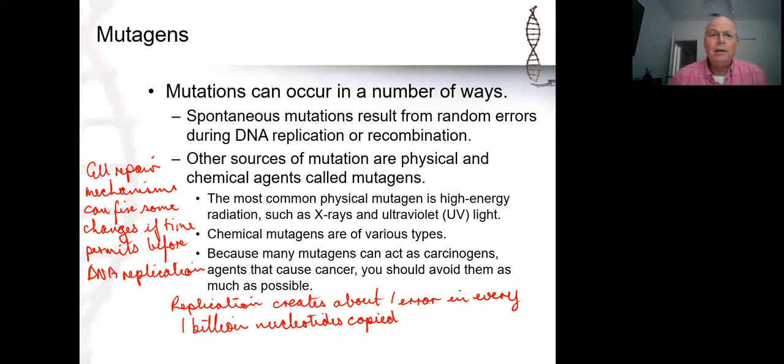But where you've got a substitution of a nucleotide or an insertion or deletion, those are very, very difficult for the repair mechanisms to identify. So many of those will be skipped and will therefore be propagated by DNA replication as a mutation, as a change in the DNA.